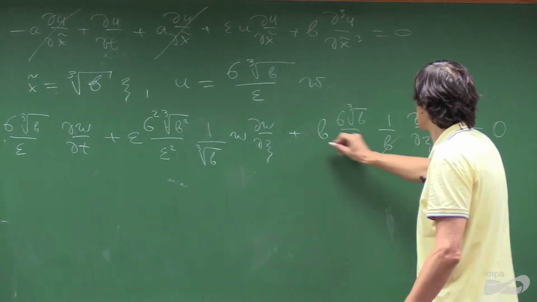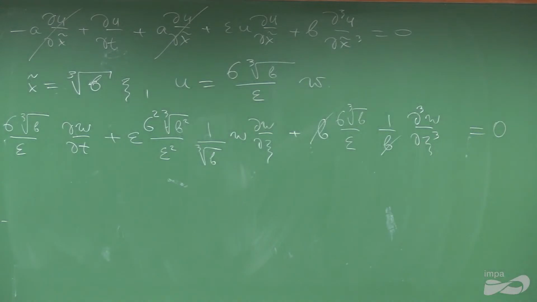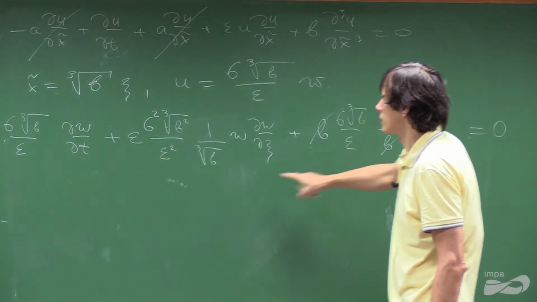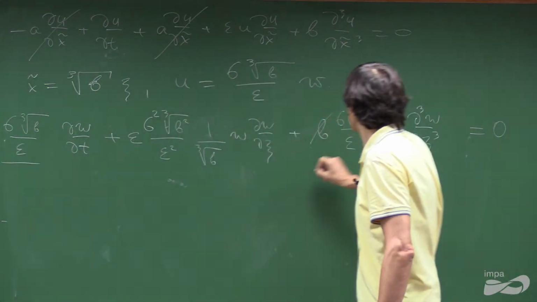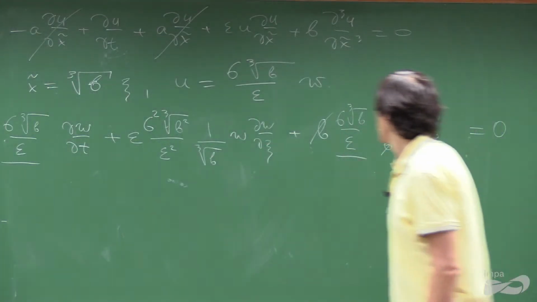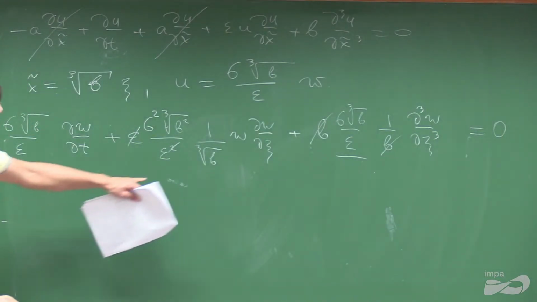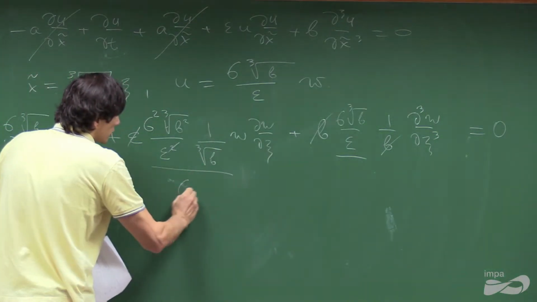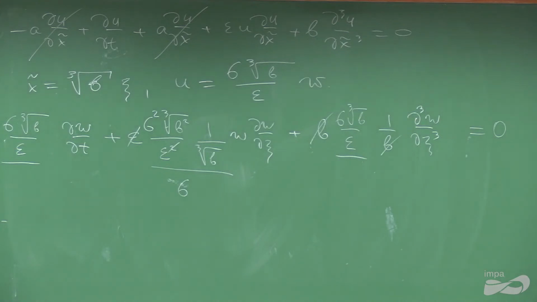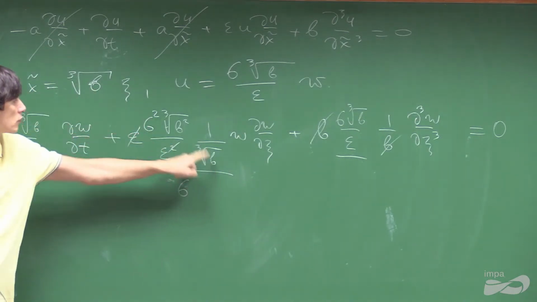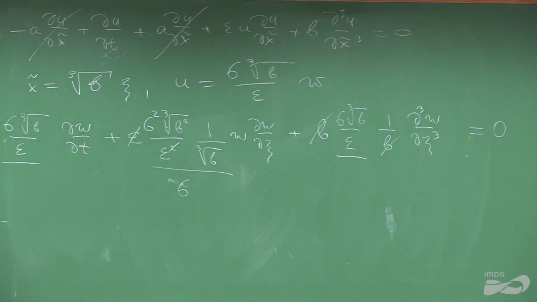This b cancels. And then this term cancels with that term. This term cancels with that term. And it also cancels, so 1 epsilon cancels. So it also cancels with this term, only will keep 6. If you remove 6, it will be just the same, because there is also the denominator.